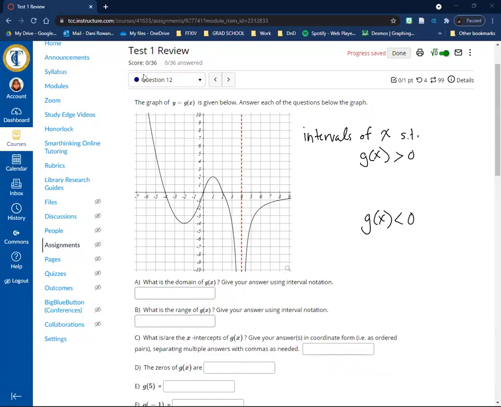So what I like to do here to help me see it is I draw a line on the x-axis, so that's where it's 0, right? If it crosses that x-axis, it's 0. And if we're looking for the graph being greater than 0, I cover up everything below that blue line.